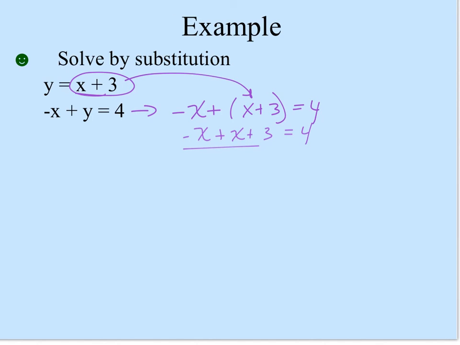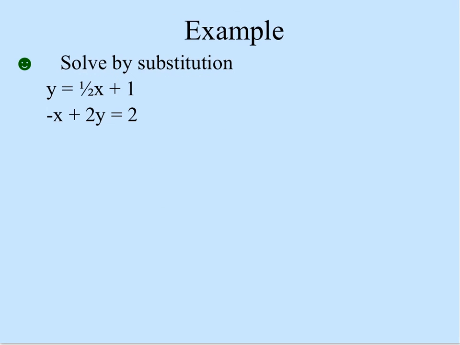Minus x plus x is 0, so I get 3 equals 4. Now obviously 3 equals 4 is not a true statement, so it's a false statement. And what do you remember about the previous slide? Yes, a false statement means there are no solutions.